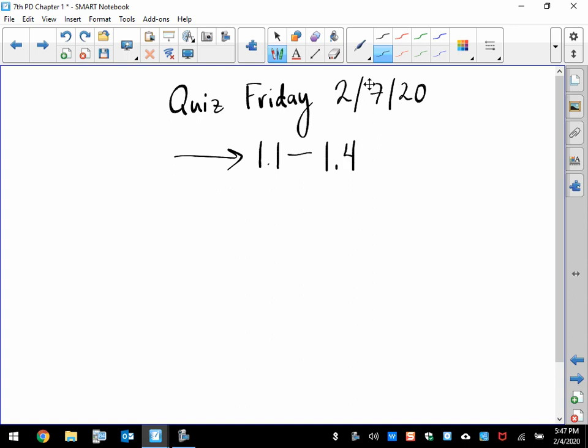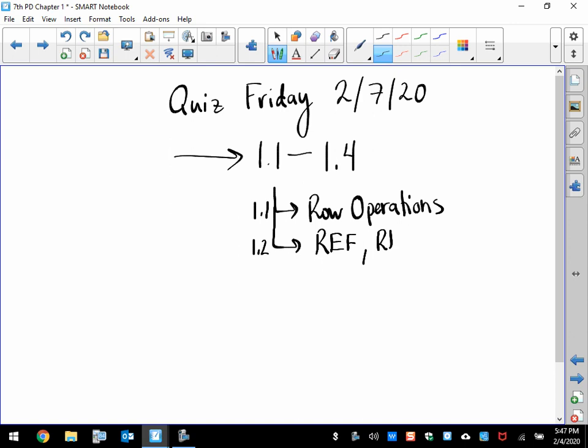So 1.1 was introduction to row operations and row equivalents. And then 1.2, I think we got to row echelon form and reduced row echelon form. Did we talk about anything else in 1.2?